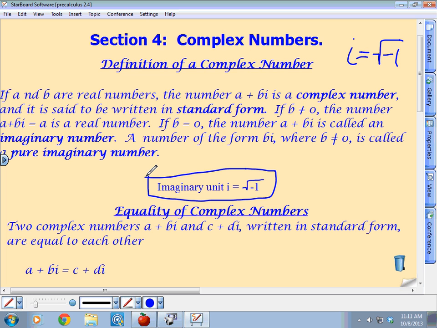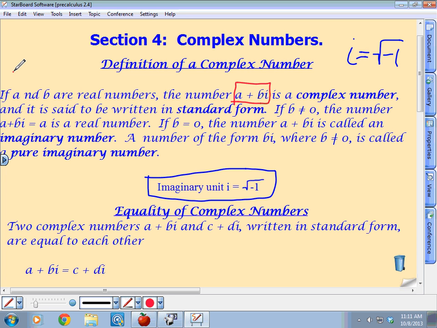If we write it like this, a plus bi, that's considered standard form. They want the real part first and the imaginary part second. When you add a real number and an imaginary number together, you get what's called a complex number. If b doesn't equal 0, the number a plus bi is an imaginary number.